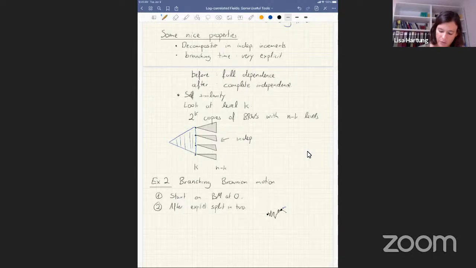So now I become 2 particles, and these new particles form independent Brownian motions from where they split.